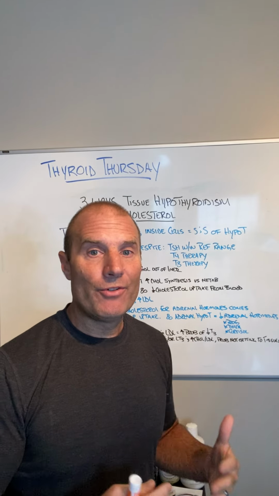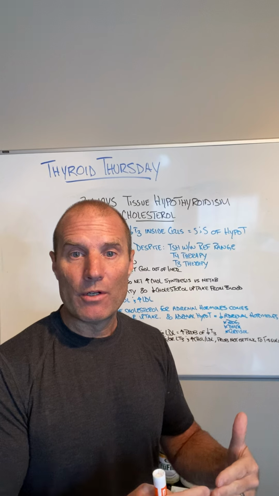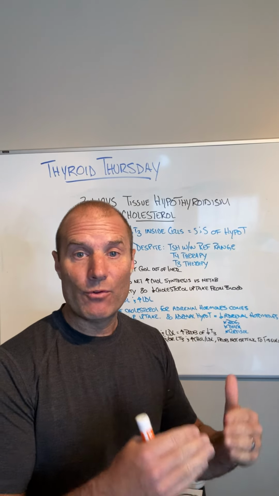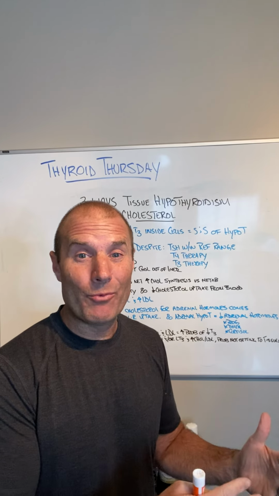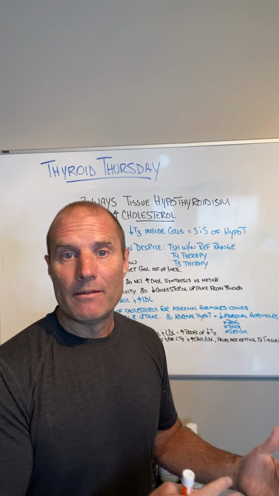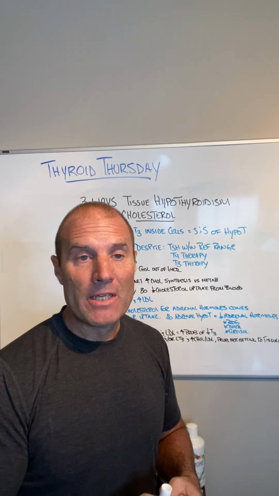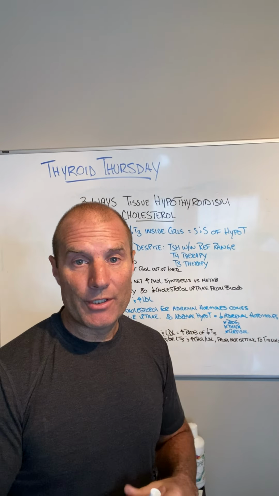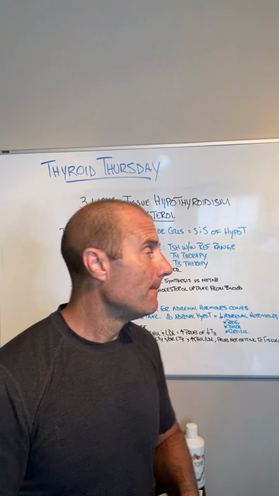We also know that as T4 goes up in the bloodstream, we often see a drop in T3, okay? Definitely as TSH goes down, we see a decreased conversion of T4 to T3, okay?